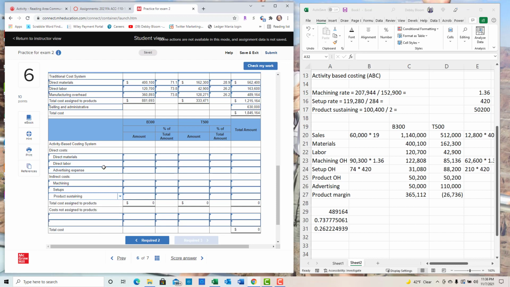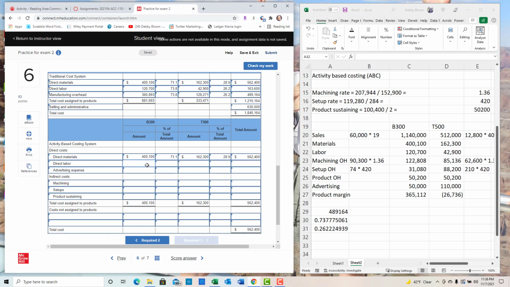Now, once again, we have all of those numbers here, and some of the percentages we've already calculated up above. So our materials are still 400,100. For T500, there's still 162,300. The total is still 562,400, and the percentages stay at 71.1 and 28.9.